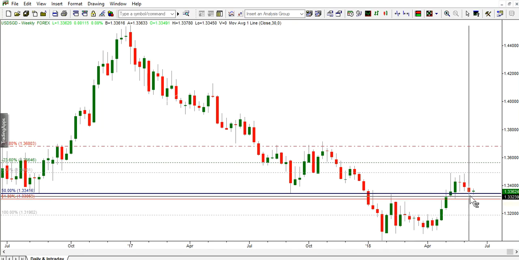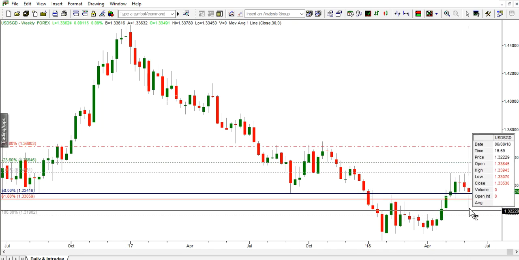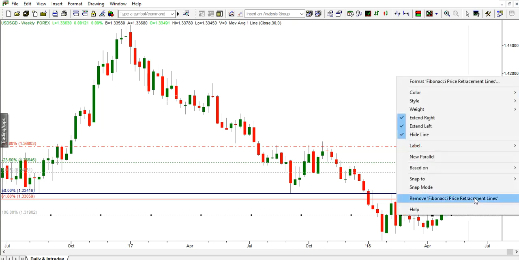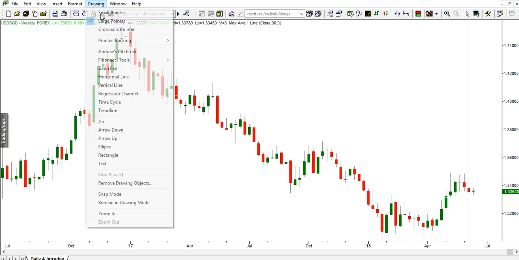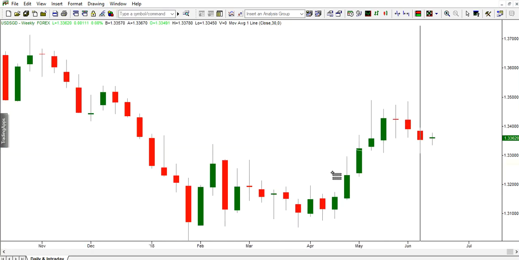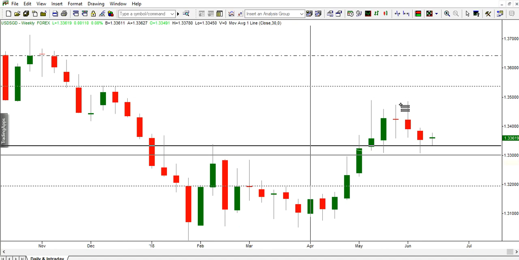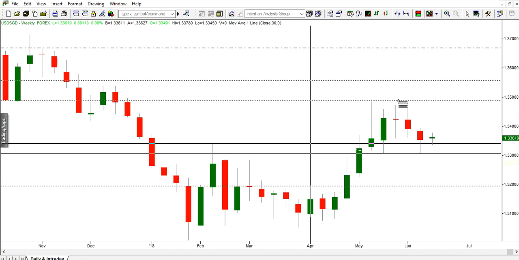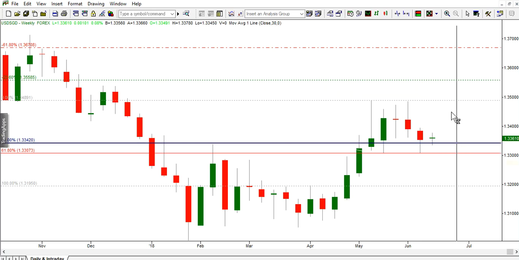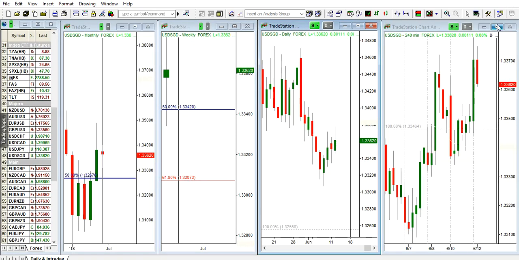And as you can see here, the extension long, I'm using this level here, has been respected, and let's see if that's the case when we trace it precisely here. So this level is very important, and yes, it is still holding. So the US dollar Singapore dollar is also confirming the possibility of a continuation higher here.